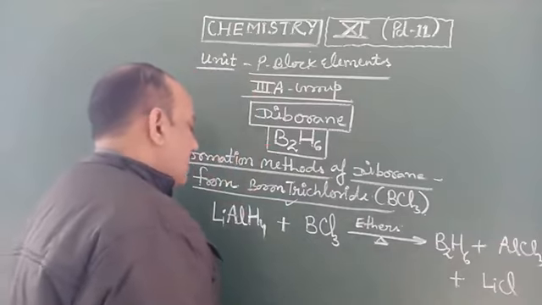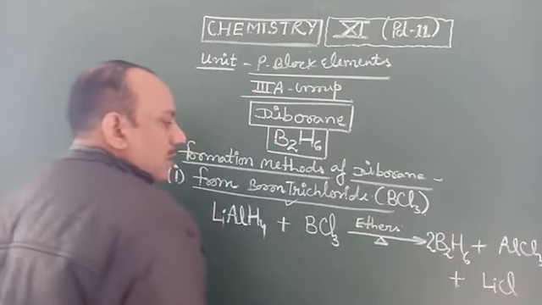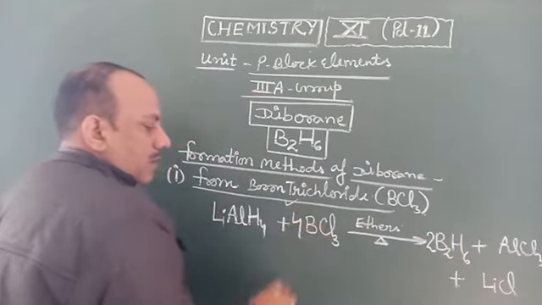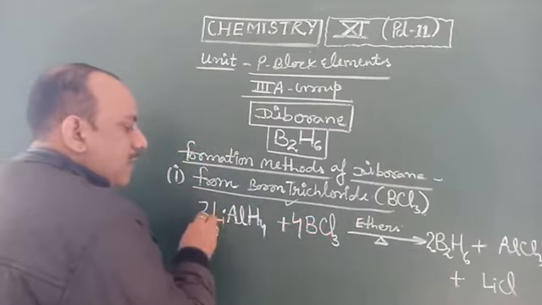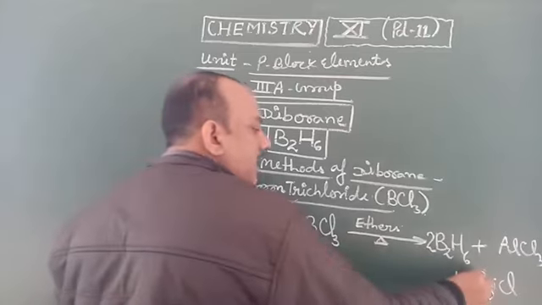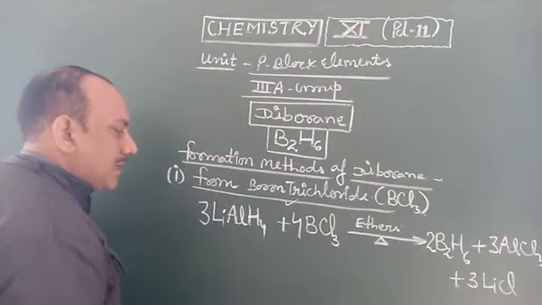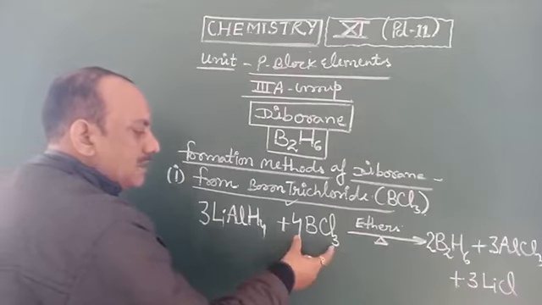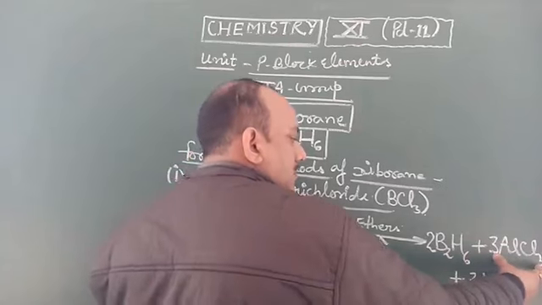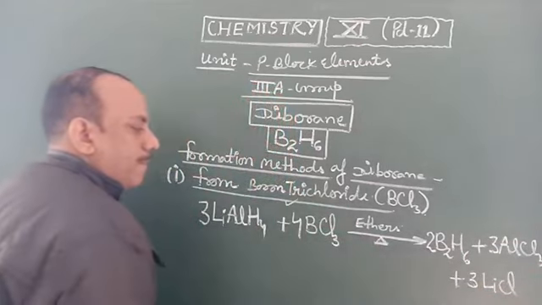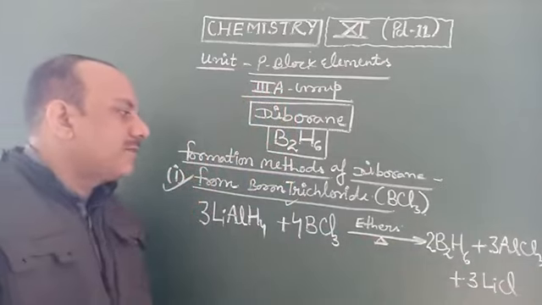Now for balancing we use 2 for diborane and 4 for boron trichloride, and 3 for lithium aluminium hydride, then AlCl3. So the total chlorine atoms are 12, since 3 times 4 is 12 on both sides. Then this reaction is the balanced equation for the preparation of diborane.